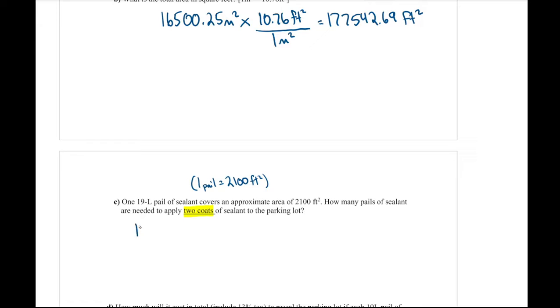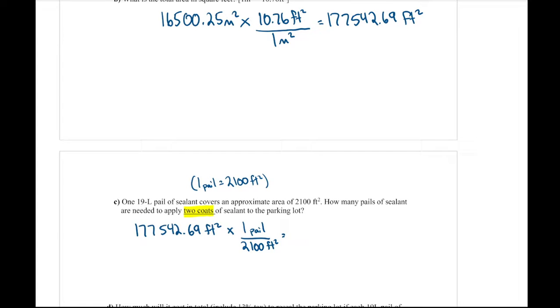So 177,542.69 feet squared, I'm going to multiply that by the units I want, which is in pails. So 1 pail, divided by the units I have, so 2,100 feet squared.